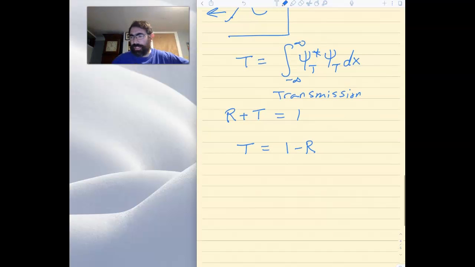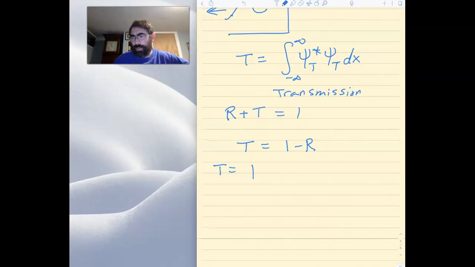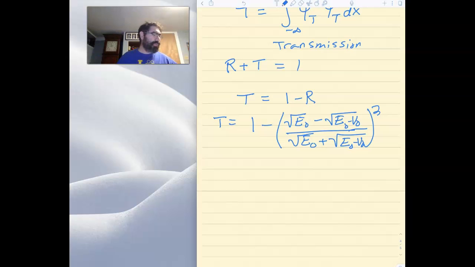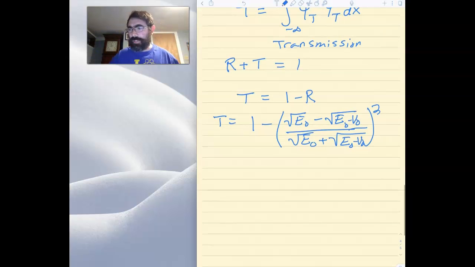And so we can put that in, and we have 1 minus the square root of E naught minus the square root of E naught minus V naught, over the sum of those two things, squared. And so if we work it out, then we use the common denominator.